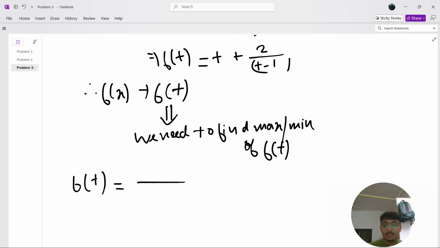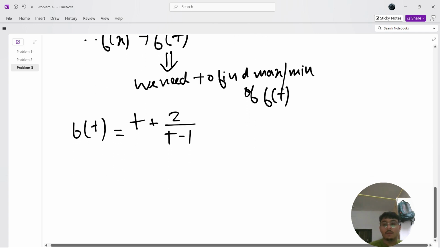I'll be taking the LCM to be t minus 1, or probably I won't be taking the LCM. Now here comes a new concept. We have f of t as t plus 2 by t minus 1. The concept is that of maximum minimum. What is it?